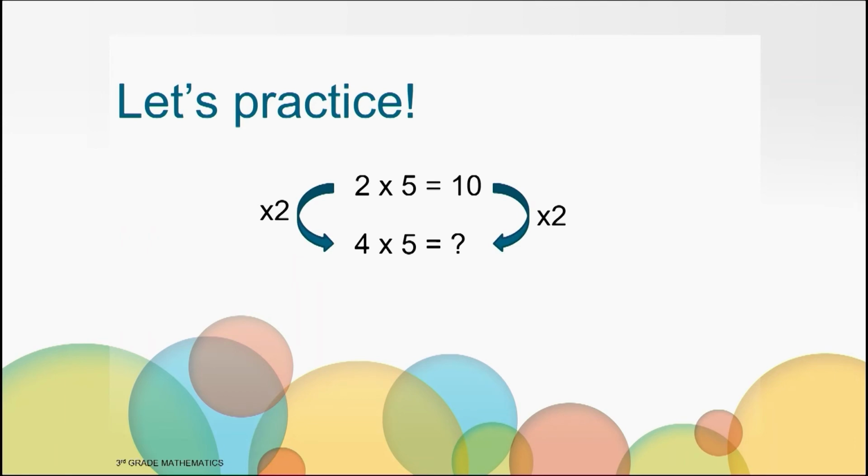If you double 2, you get 4. That means you are doubling the amount of groups you have. So then you double the product of 10 to get the new product of 20. So 4 times 5 is equal to 20.